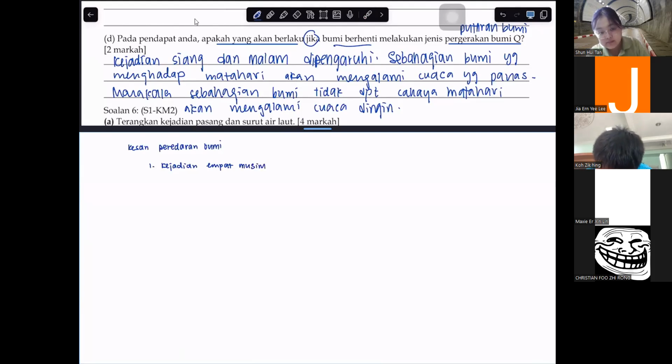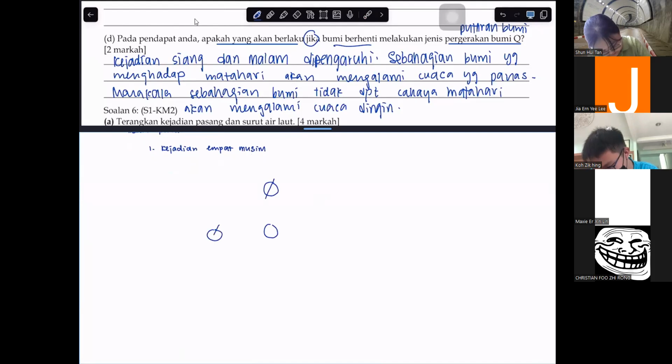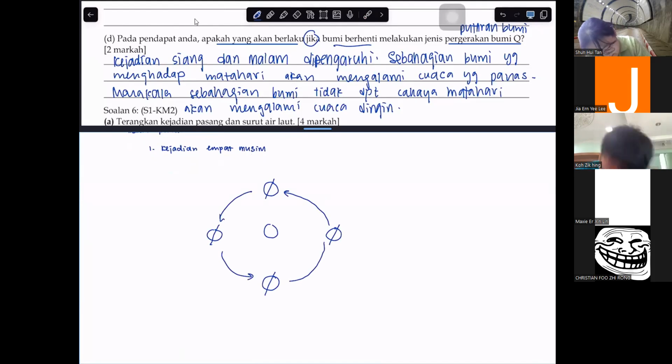Now, normally the pictures they give you will have a sun, matahari, and then they show you this is your earth. They try to tell you that your earth will move and move, and when they move to different locations, they will have different kesan.